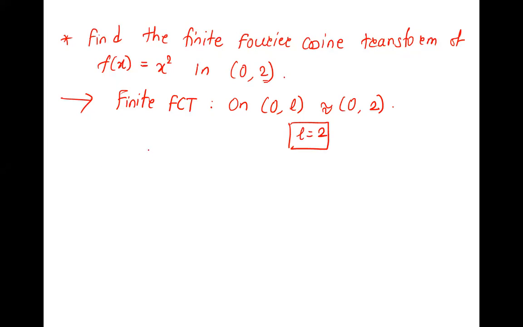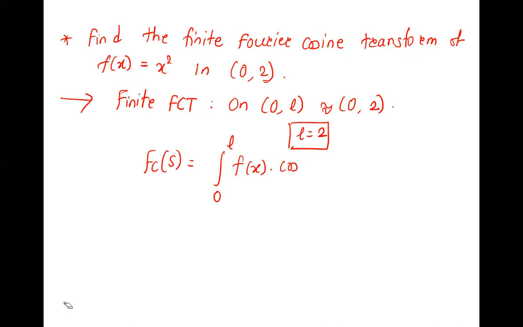And what is the definition of Fourier cosine transform? Integration 0 to L, f of x cos(s pi x upon L) dx. Not cos sx.